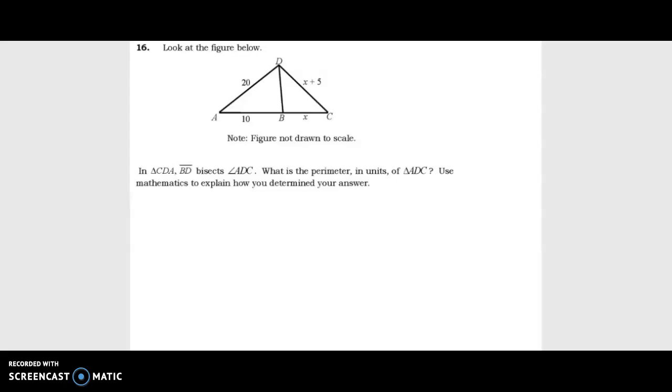Triangle CDA is given. BD bisects angle ADC, so we know that these two are the same. What is the perimeter? So we have to solve for x and x plus 5 to find that, so then we can go ahead and add up all the lengths. Proportion, and this is the other proportion.